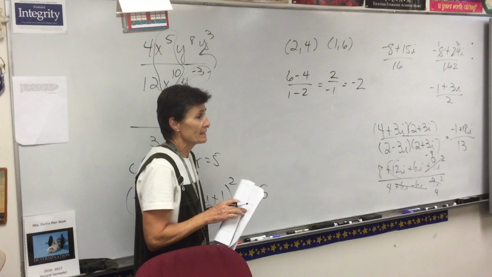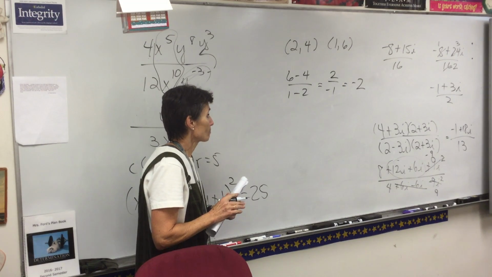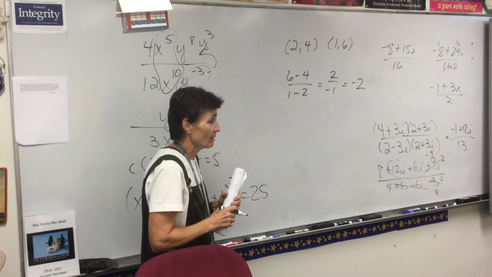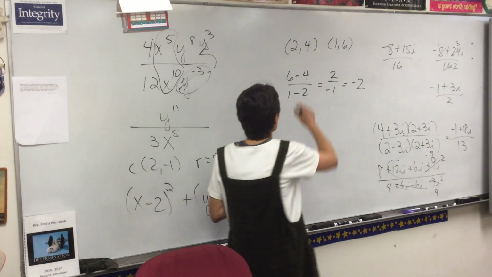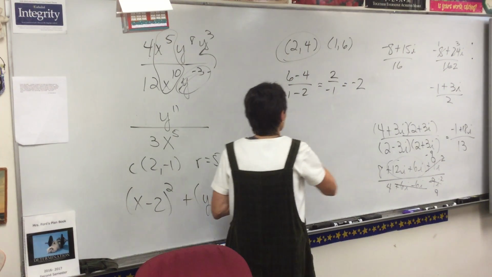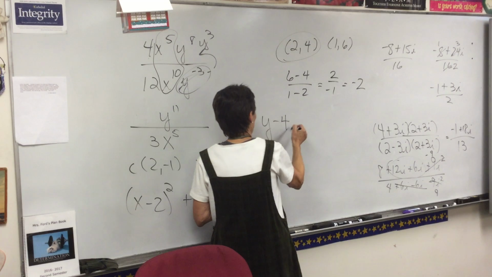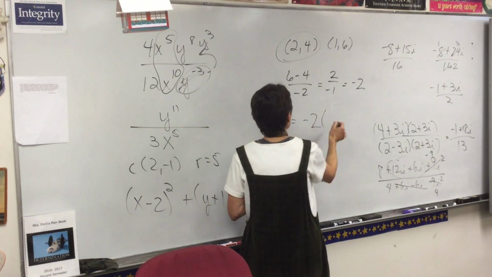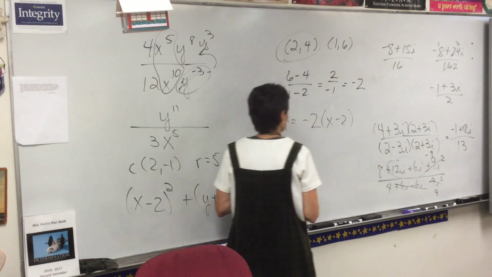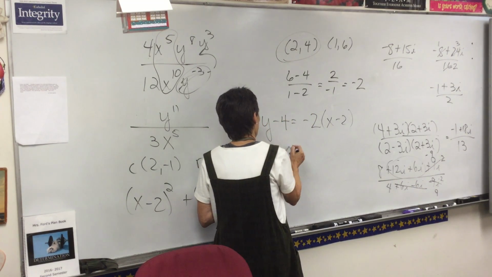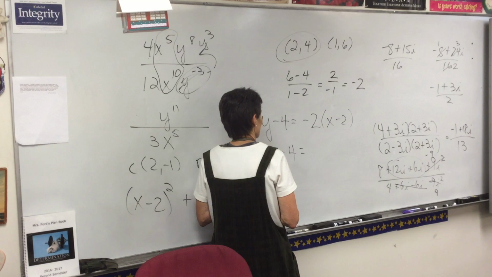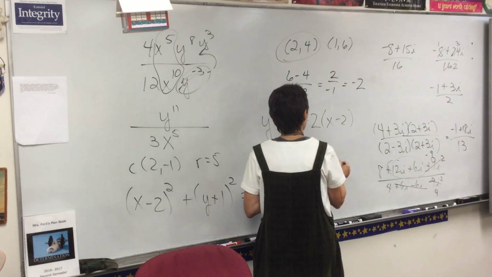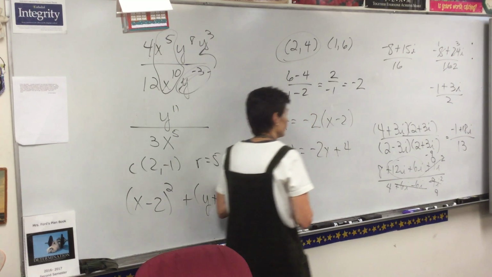Okay. Am I done? No. What still needs to be done? You gotta write the equation. Yeah, that's the whole job here. So I'm going to use this point. Y minus 4 equals negative 2 parentheses x minus 2. So y minus 4 equals negative 2x plus 4.